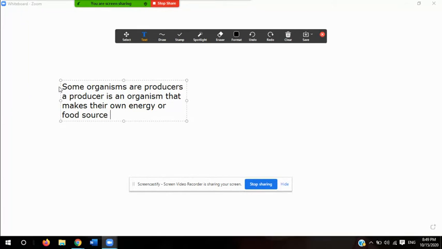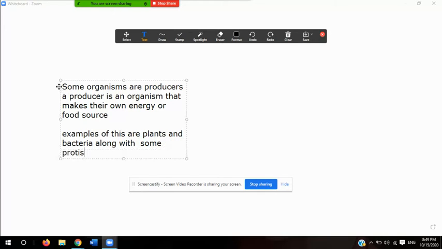Examples of these are plants and bacteria, along with some protists, which are simple organisms. We'll talk about those a little bit later on in the course, hopefully.